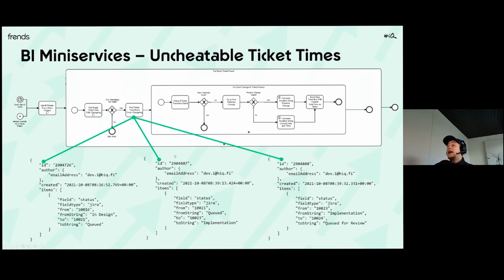We have a use case where we want to track an implementation project here at HiQ, where we are using Jira for the management of the work, and we want to be able to see how long it takes in calendar days for each ticket to be in any given state.